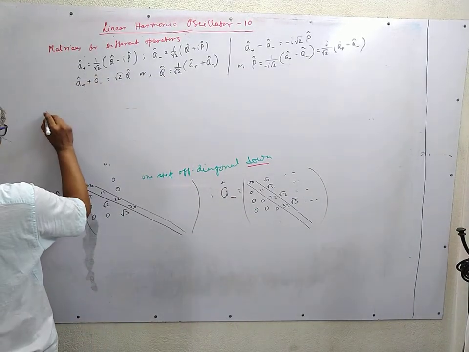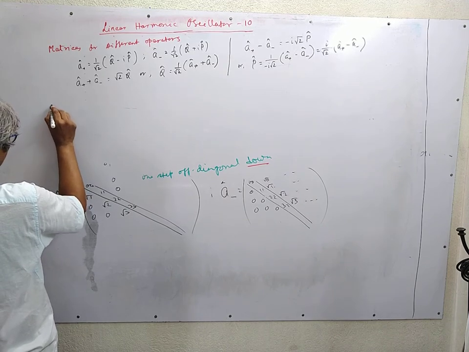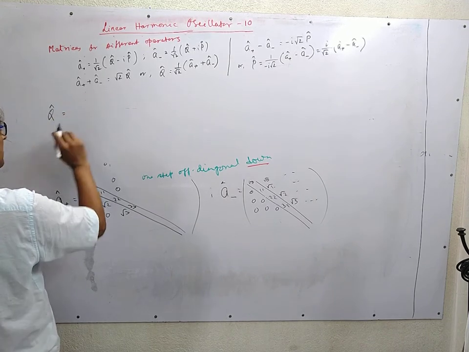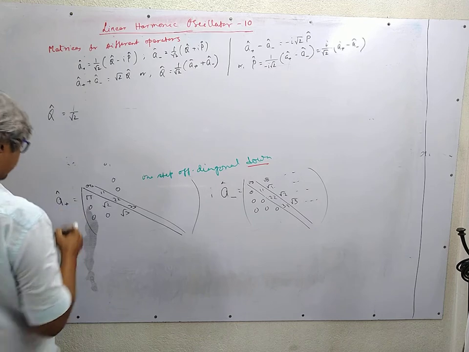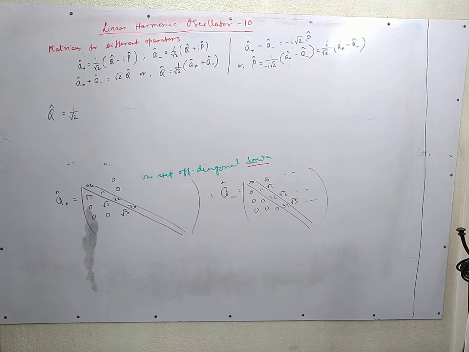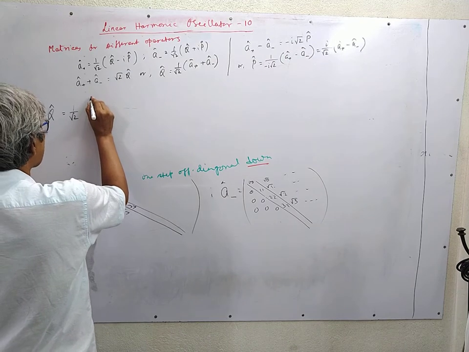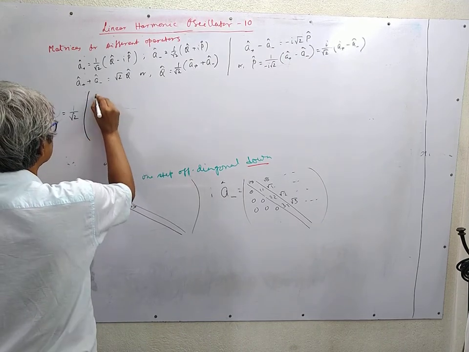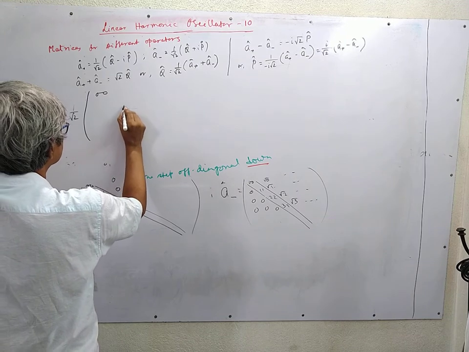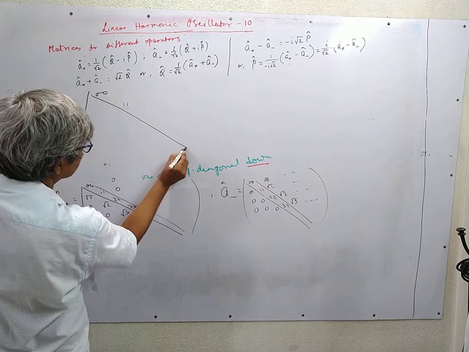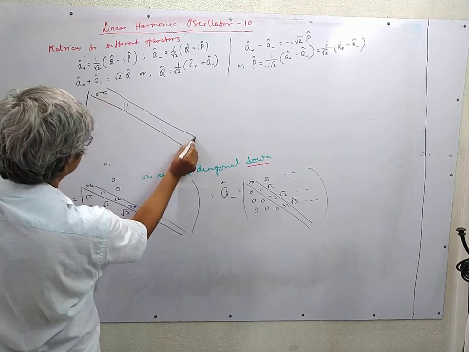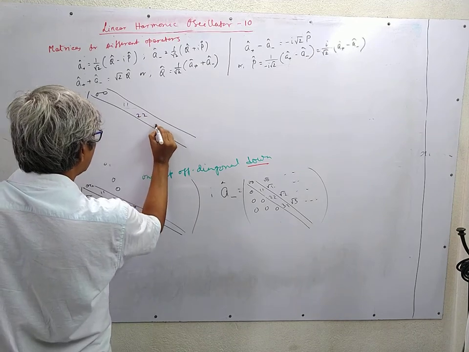So the operator for Q is actually 1 by root 2 times the sum of the matrices for A plus and A minus. This is 0, 0, then we will have 2, 2, we have 3, 3.